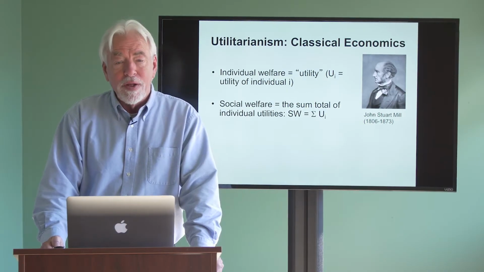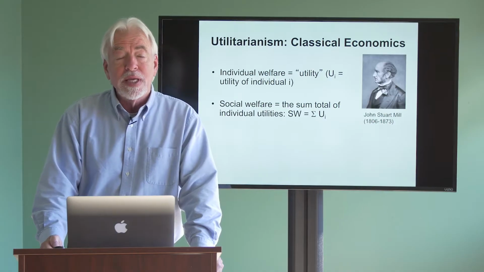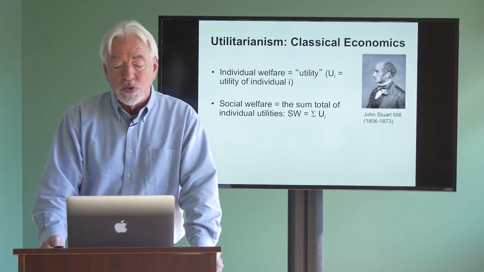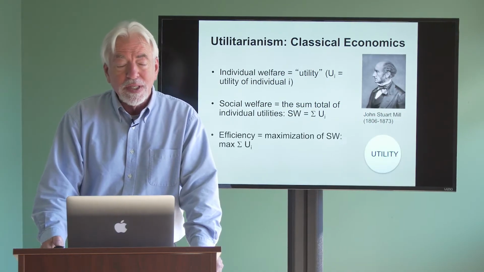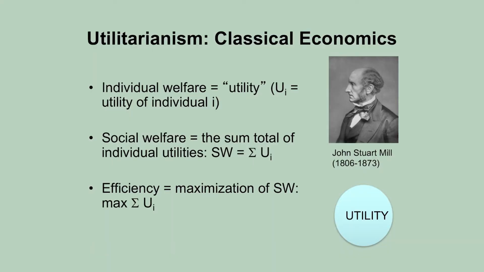And social welfare, adding up the well-being of everybody together, was simply adding up the sum of individual utilities. So for the utilitarians, what was efficient meant what would maximize total social welfare, the total sum of individual utilities. That was the utilitarian classical notion of efficiency.